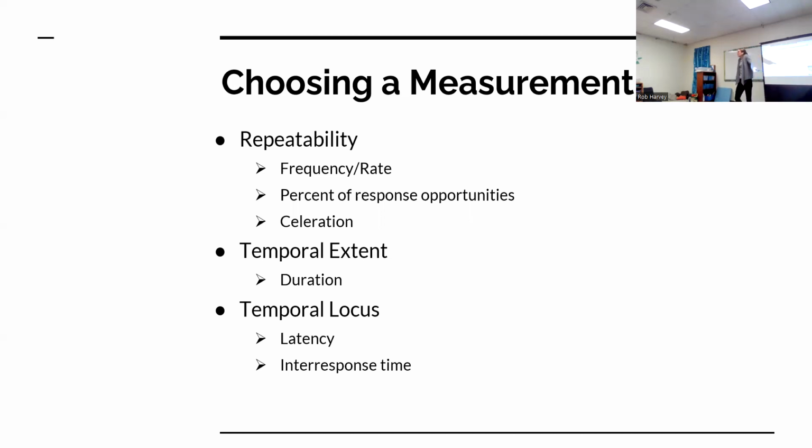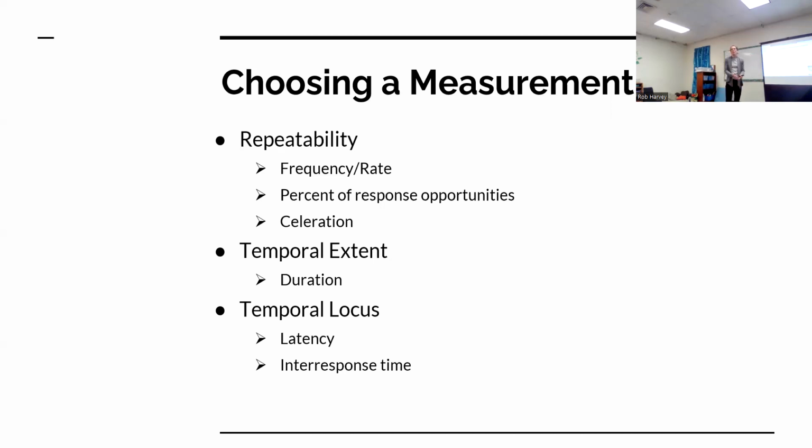In my mind, frequency doesn't really exist, because anytime you count something, it happens over some amount of time, and then you have a rate. A rate is just a count over some amount of time. That's how you produce a rate: you get a count and divide by the amount of time you observed for. In any case, if you're taking some amount of behavior over a session and that's how it's defined, then you're doing frequency or count.